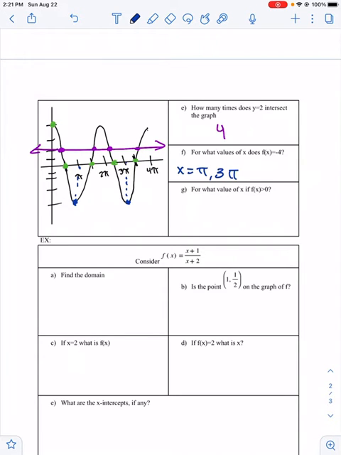For what value of x is f of x greater than 0? So where on this graph are we greater than 0? And that's all on this half. So we have from 0 to pi over 2 as our first one.